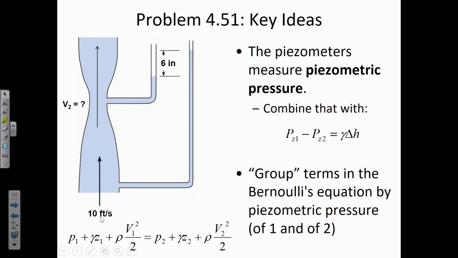So if you rearrange it to group the terms by piezometric pressure like we just did in the example, then you can use the 6-inch deflection to find what the velocity is at location 2. I hope this problem should be relatively simple now that we worked through that Pitot example, which is very closely related.